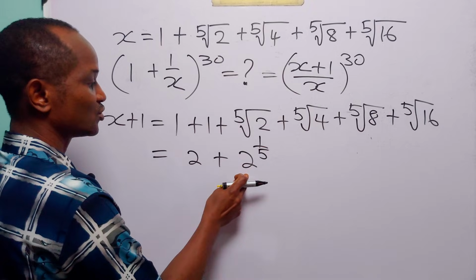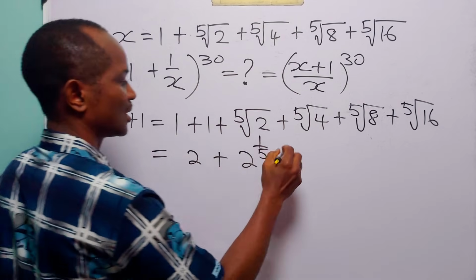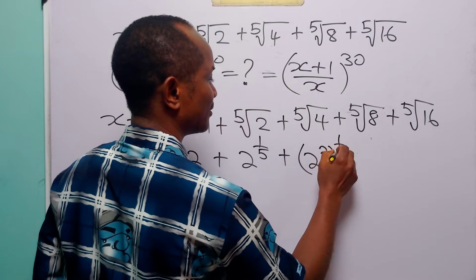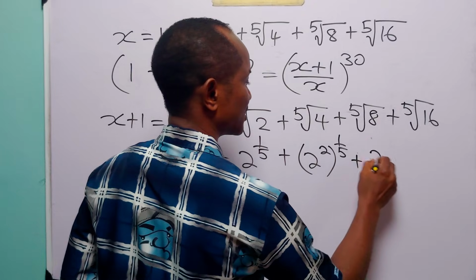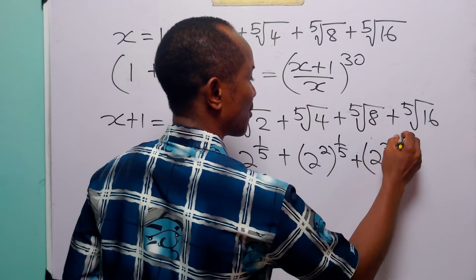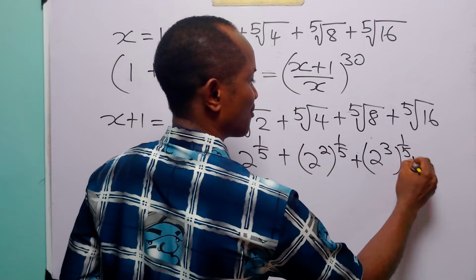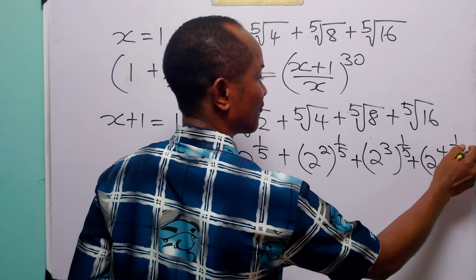Of course, you know that 2 to the power 1/5 is the same as the fifth root of 2, plus (2 squared) to the power 1/5. 4 is 2 squared, plus (2 cubed) to the power 1/5. 8 is 2 cubed, plus (2 to the power 4) to the power 1/5.